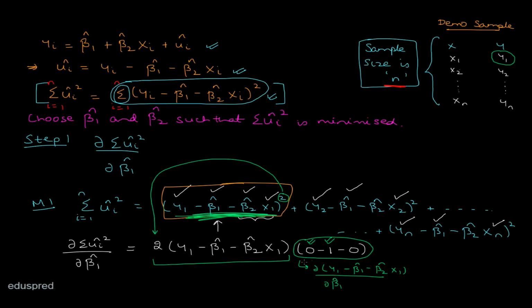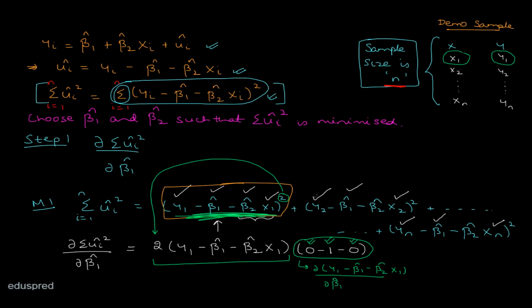Now note that we are doing a partial differentiation with respect to beta 1 hat, so we are going to treat beta 2 hat as a constant. So beta 2 hat over here is a constant, and even x1 is a constant because x1 is the first value of x, as you can see in this demo sample. So beta 2 hat multiplied by x1 is a constant, and when you differentiate a constant, you get 0 in return, which explains this minus 0. So this is how I have done this differentiation exercise.